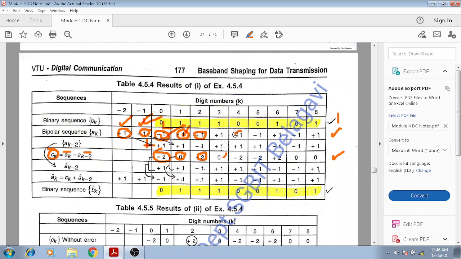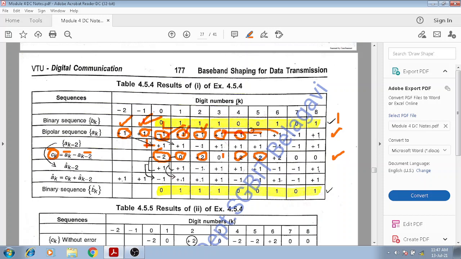Next for this minus 1, this is plus 1, minus 1 is 0. For this one, AK minus 2, minus 1 becomes minus 2. Next for this one, minus 1 minus plus means minus 2.